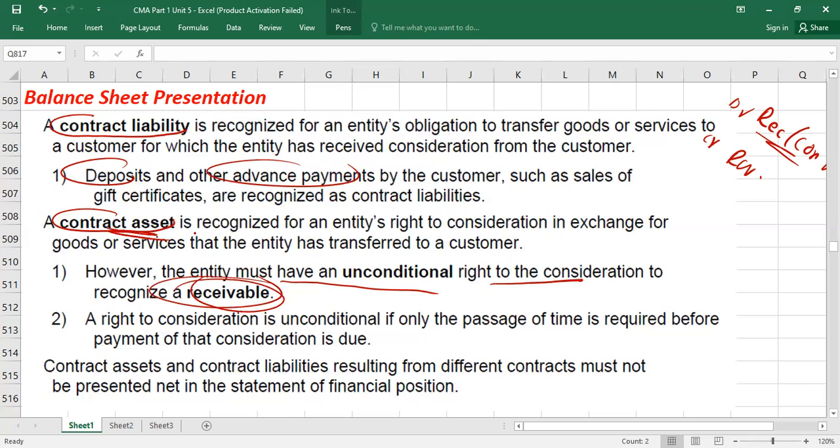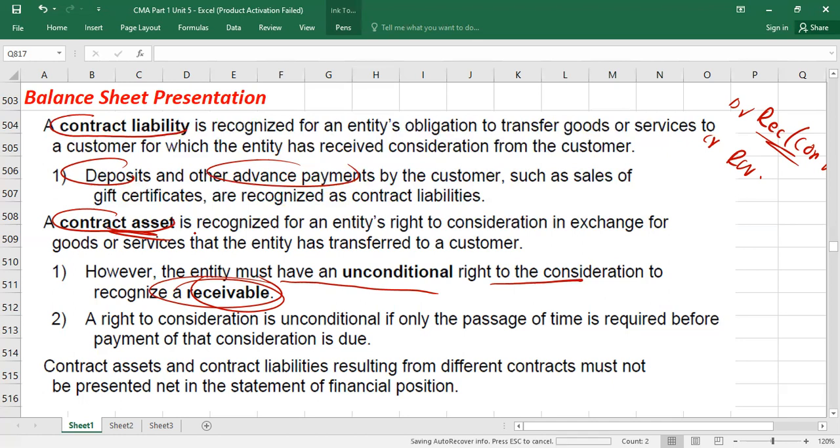Now I'm telling you another example for a contract asset, and then see the difference. For example, you and I entered into the contract and I promise that I will deliver you 2 machines. One machine is delivered. And as a customer, you say, okay mister, I will give you money for the first machine once you deliver me the second machine. It means now there's a conditional payment.